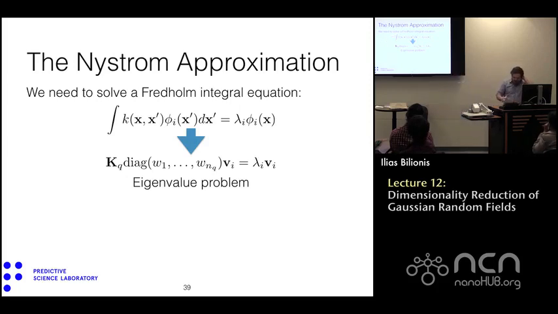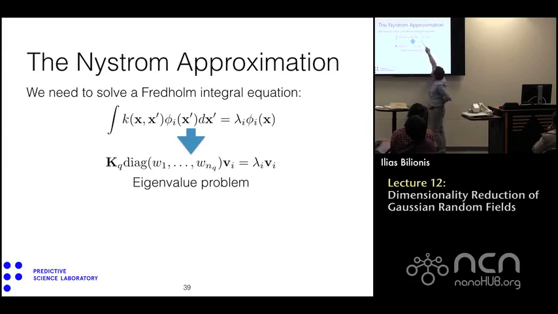Now, but you still have one more problem. The eigenvalue problem is only going to give you the phis at the quadrature points, and you want to get the phis at all the points, right? So what you do is you have found by solving this problem the eigenfunctions evaluated at the quadrature points.